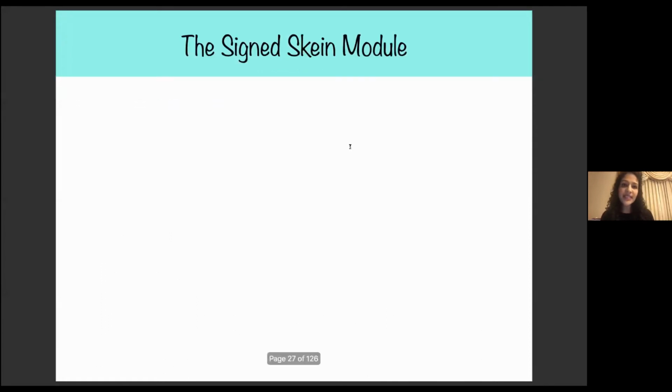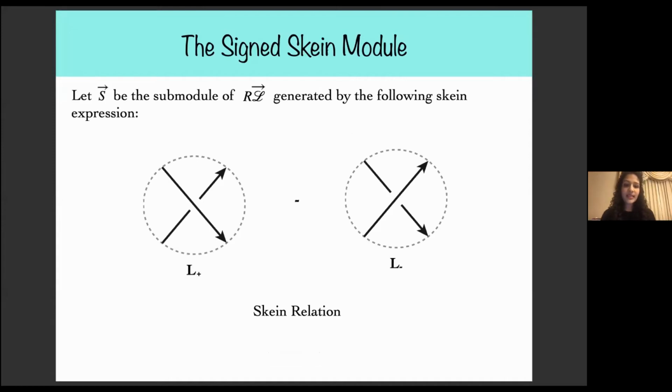So the first Skein module that I'd like to talk about today is the signed Skein module. So how do we define this Skein module? Well, we consider ambient isotopy classes of oriented framed links, and we take formal linear combinations of those links over a ring R, and then we'll mod out by the submodule that's generated by the following Skein relation, L plus minus L minus.